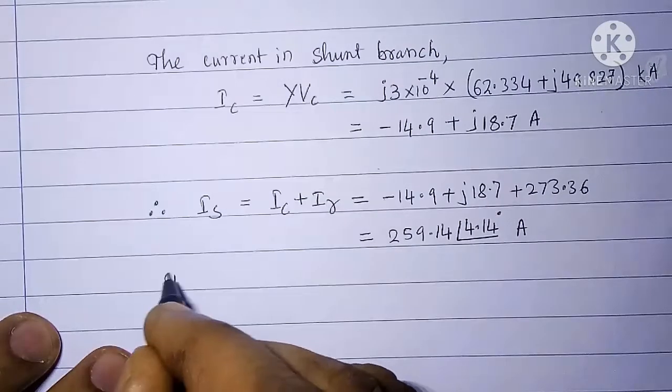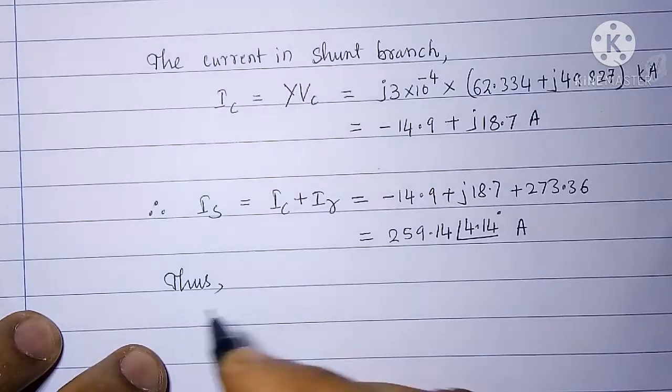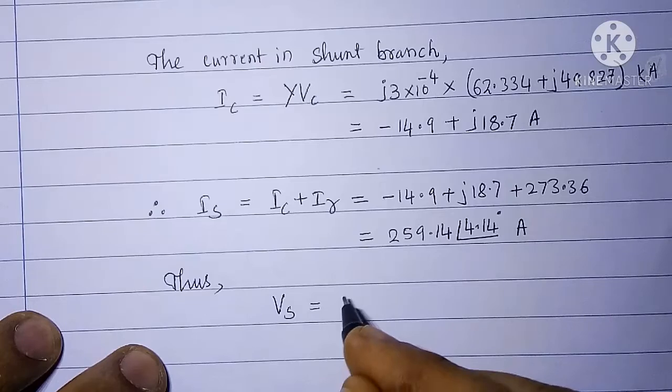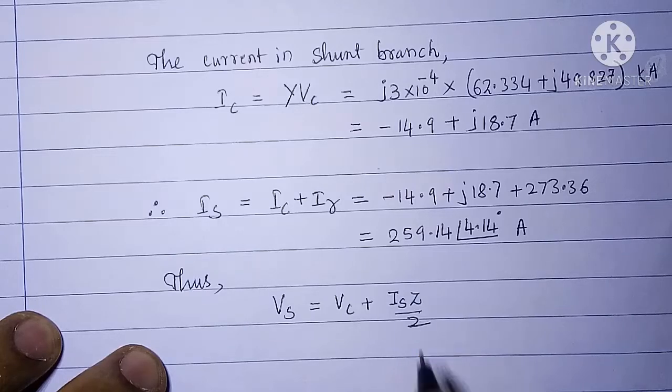Thus, sending end voltage Vs is equal to Vc plus Is into Z by 2.